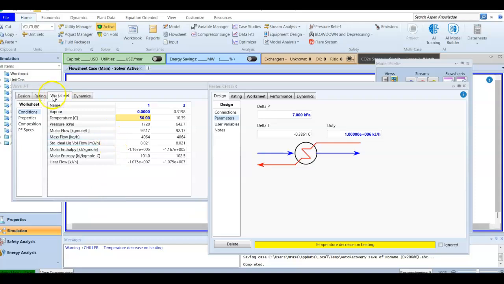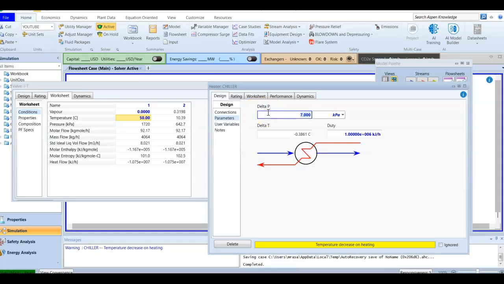If we look over here at the JT valve, we'll find out we have an inlet temperature and this is the outlet temperature, and it's totally solved. But on the other hand, we are having a temperature decreasing on heating. This means we have a problem with the delta P defined.